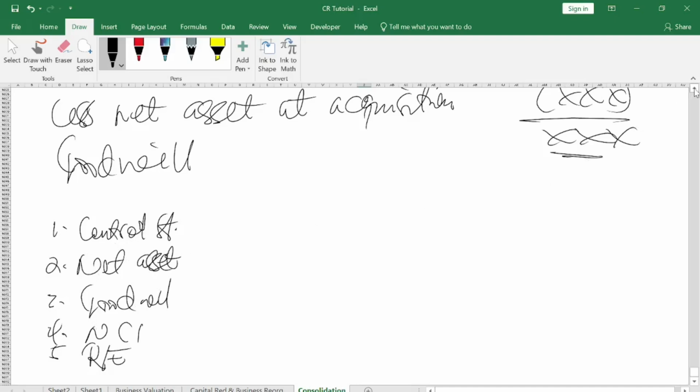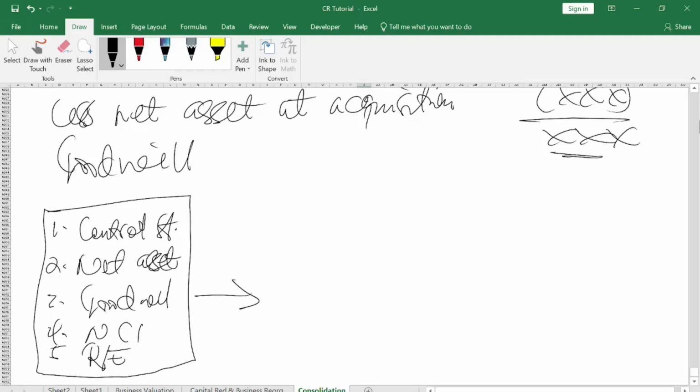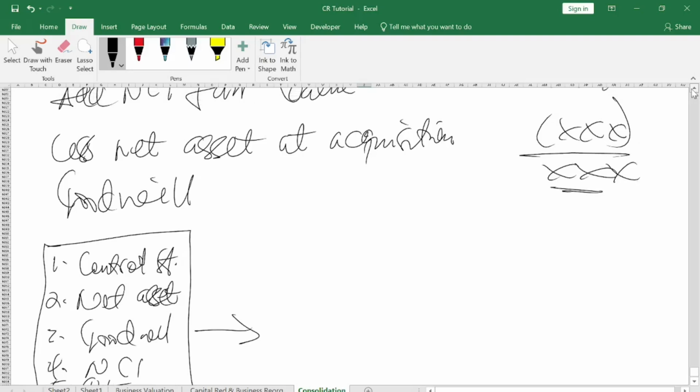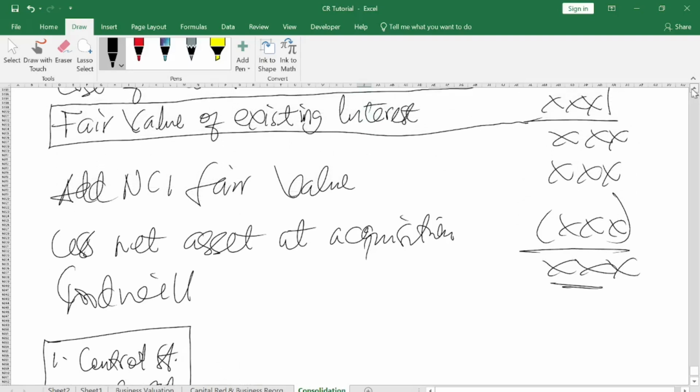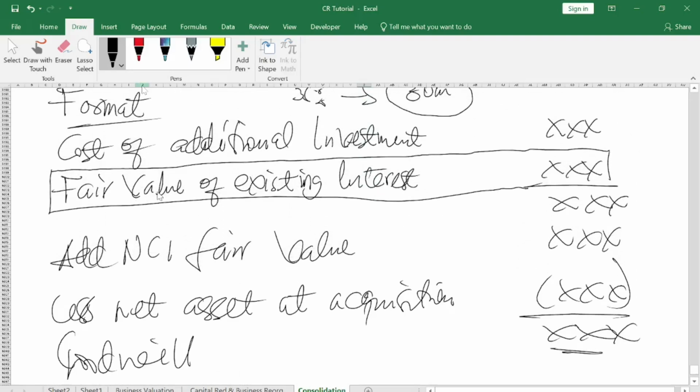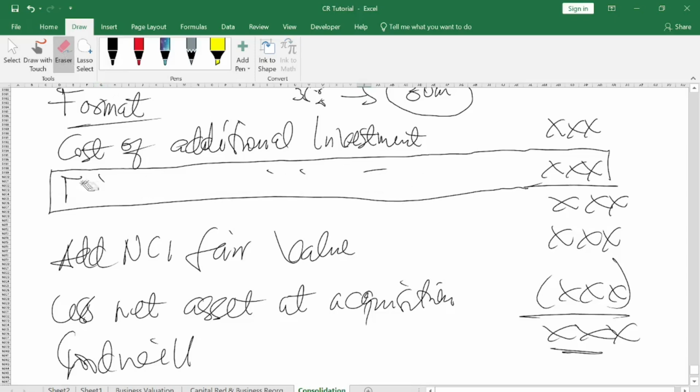Now, when you are doing the step acquisition of a company, and it is no control to control, you will do all this, and it will be the same process, just that when you come to goodwill, it will differ a bit because they already have an interest in that company. So that is where this one comes in. So the difference is this. Let me put it in red.